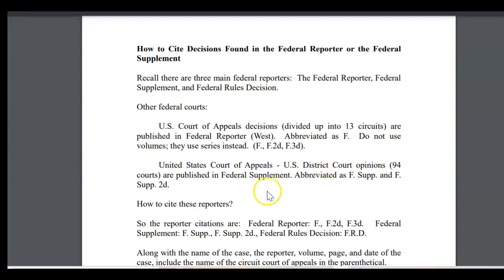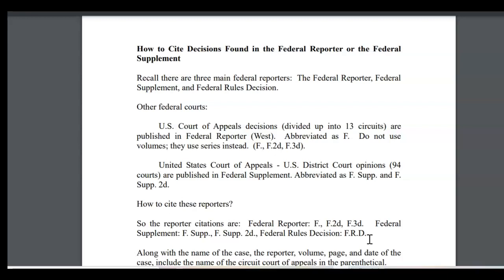We have the Federal Supplement, which we abbreviate with the uppercase F period, uppercase S, lowercase u, p, p period. And we'll also have the Federal Rules Decisions, with the simple abbreviation of uppercase F period, uppercase R period, uppercase D period. We'll talk about that a little later.